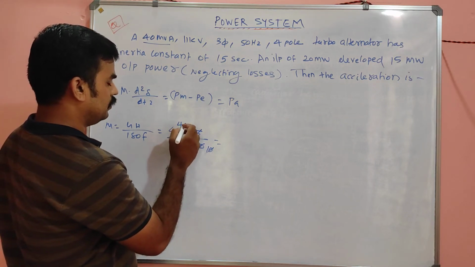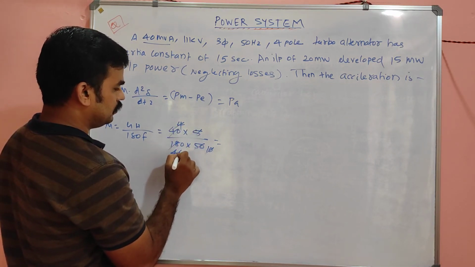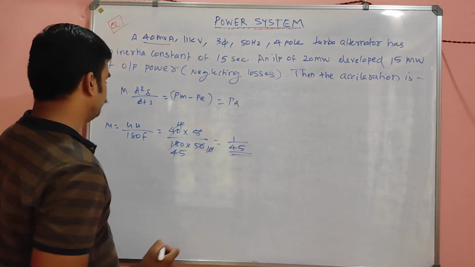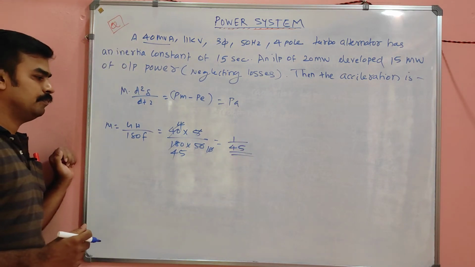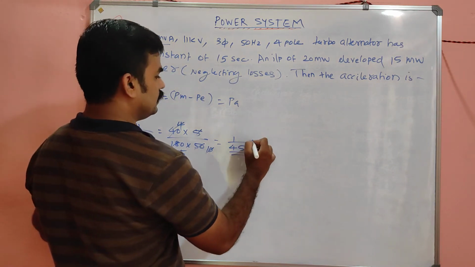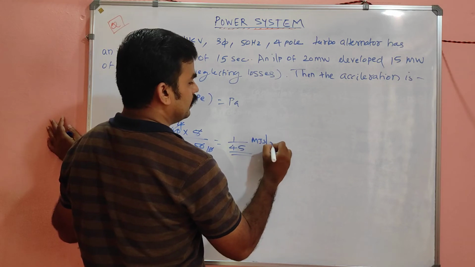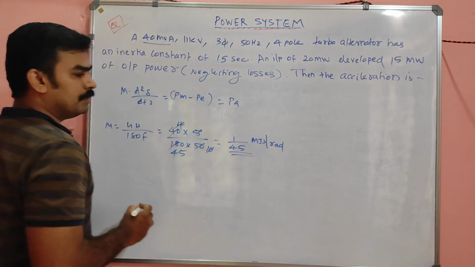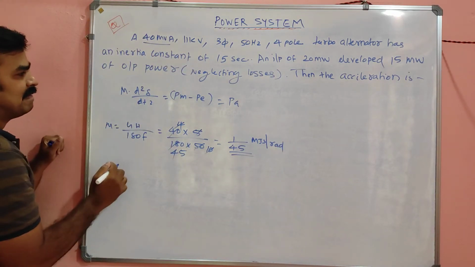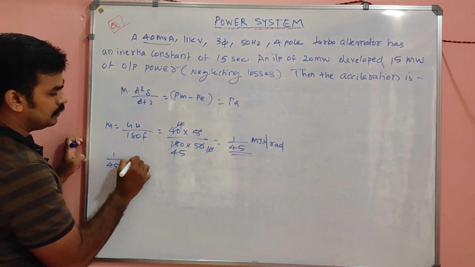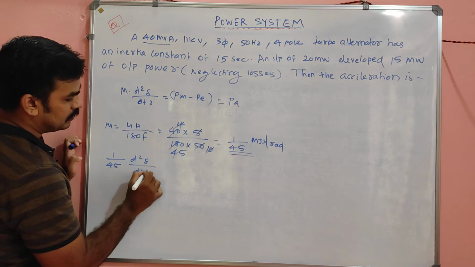It will be 1 by 45. What is the unit? It is megajoule seconds per radian. So applying this equation, 1 by 45 into d square delta by dt square is equal to Pm, or simply the input power.